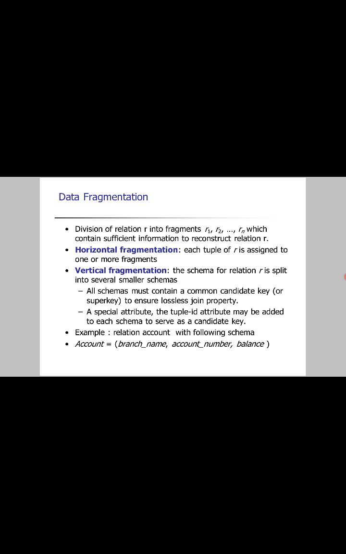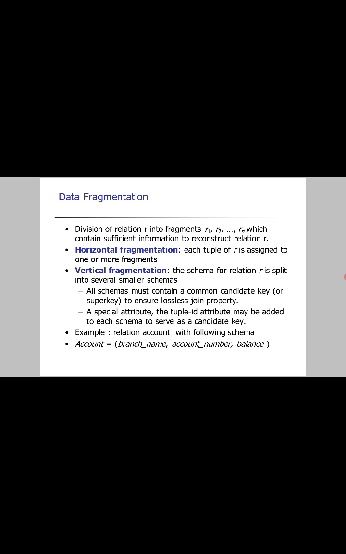Fragmentation means splitting the same data into multiple parts: division of relation R into fragments R1, R2, ..., Rn, which contain sufficient information to reconstruct relation R. A table can be divided into small fragments like R1, R2, R3, used at different locations, and later reconstructed or rejoined into a single relation R.